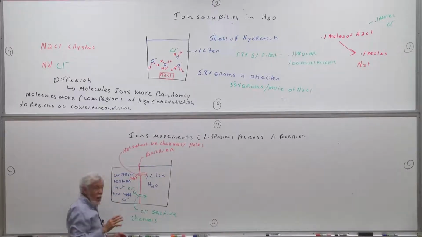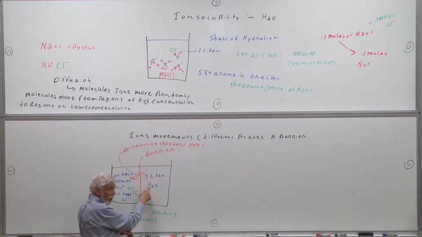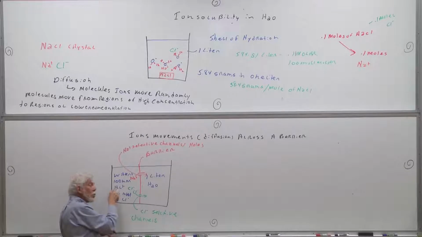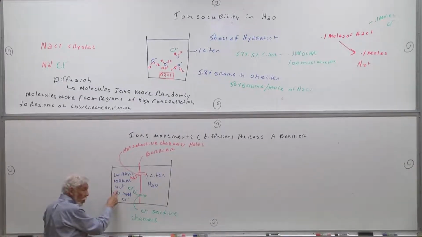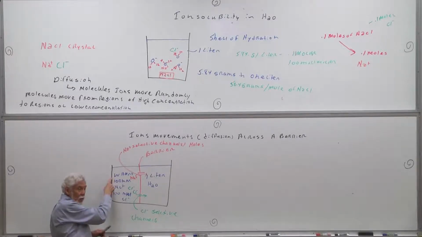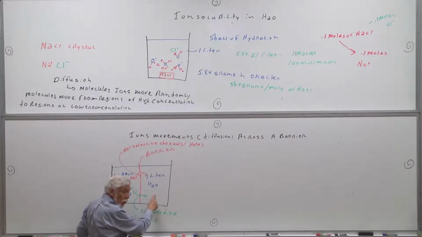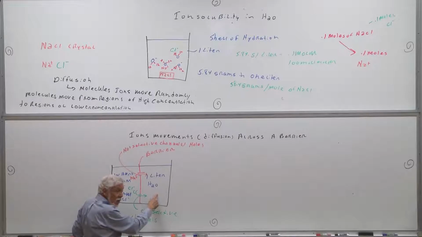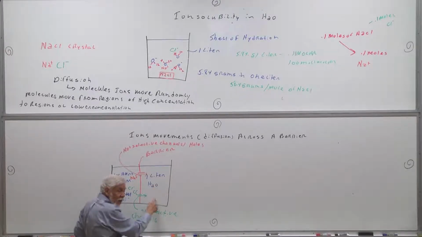But now, given time, the sodium and the chloride move from left to right. And over time, the concentration of sodium and the chloride in the left-hand compartment go from 100 millimolar down to 50 millimolar. And during that same period of time, the concentration of sodium ions and chloride ions on the right-hand side go from 0 millimolar to 50 millimolar sodium and 50 millimolar chloride.